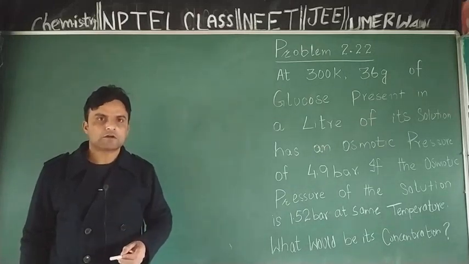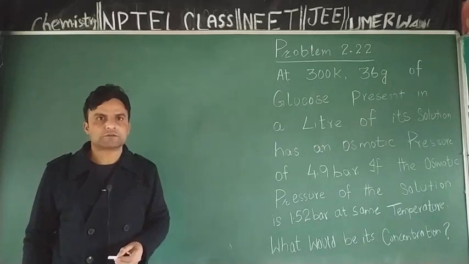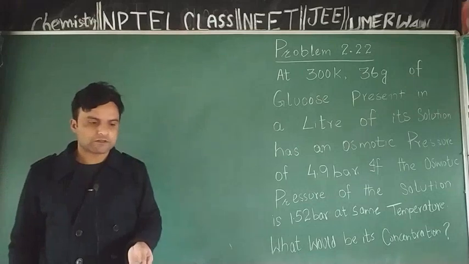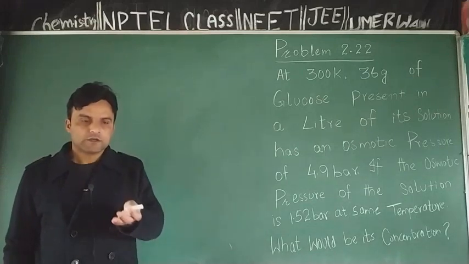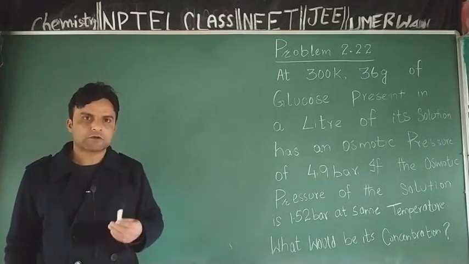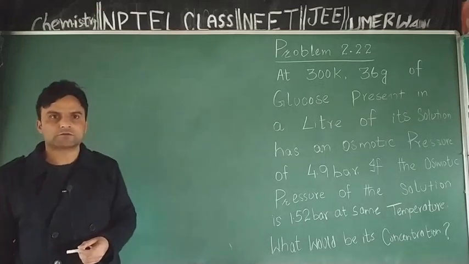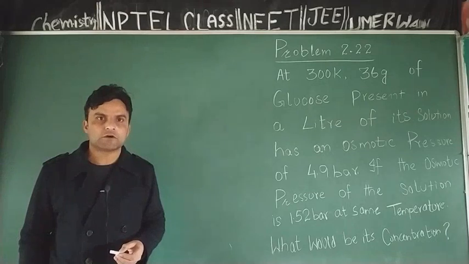This process is called osmosis, and as a result of osmosis, because level of solution rises, hydrostatic pressure develops on solution side, and that hydrostatic pressure we name as osmotic pressure.